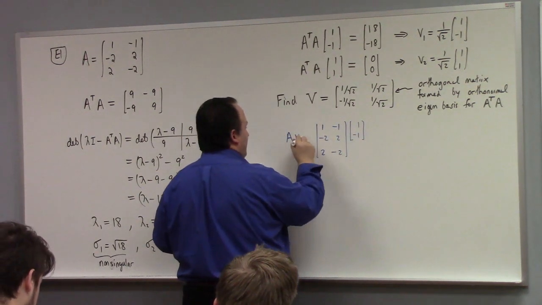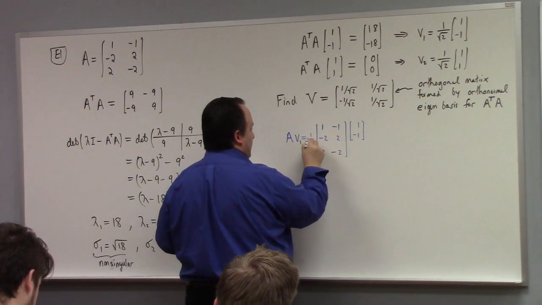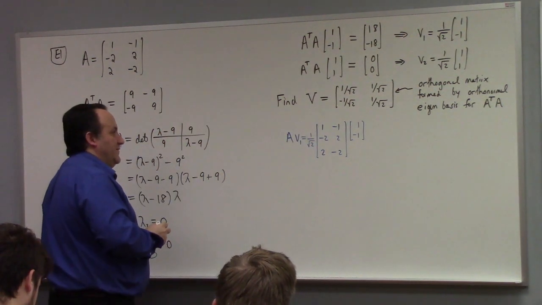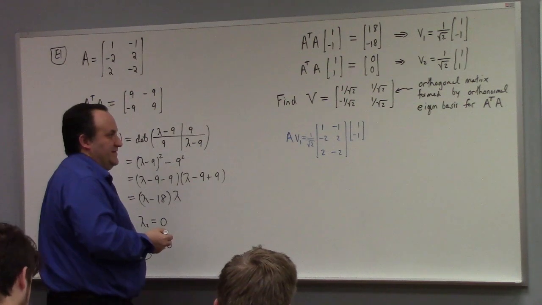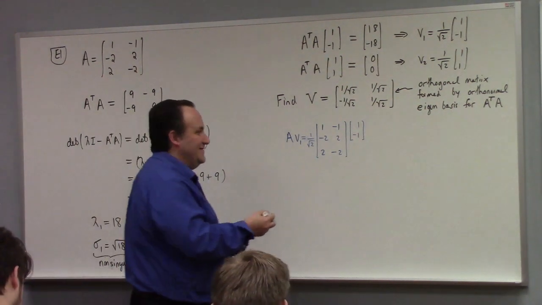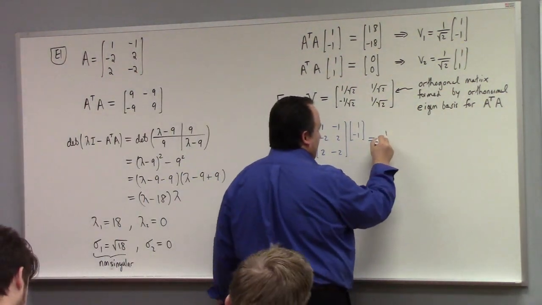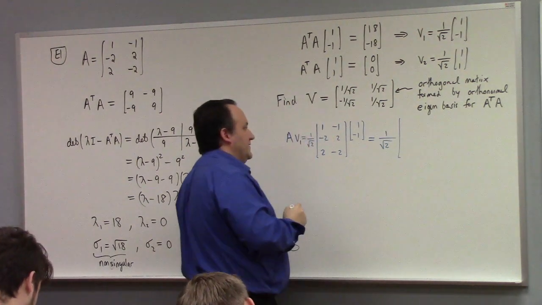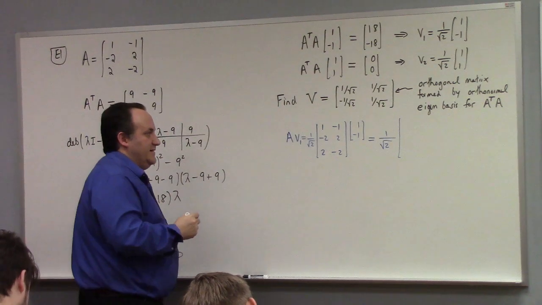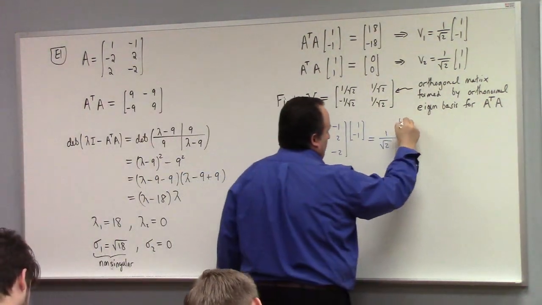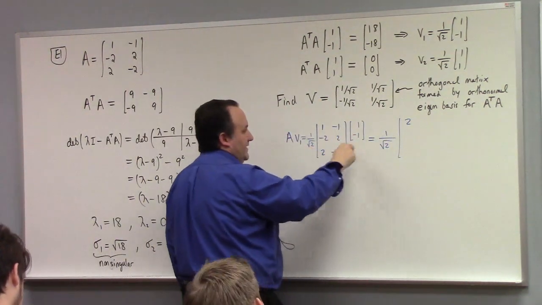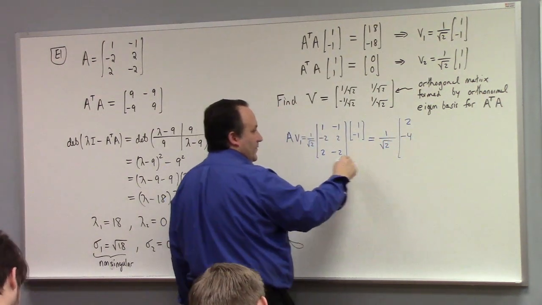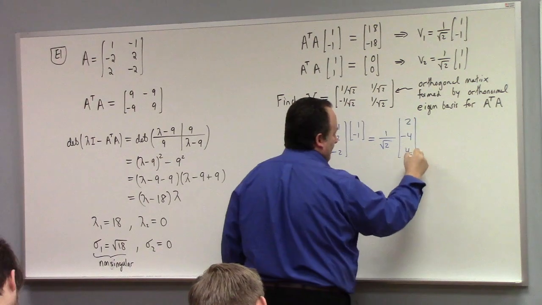And then, you know, I like to pull the 1 over root 2 out front because it's annoying to have 6 1 over root 2's when you can just have 1, you know? So keep those annoying scalar factors out front while you're doing the calculation, would be my advice. Now, what happens then is I get 2, I get minus 4, and I get 4, right?